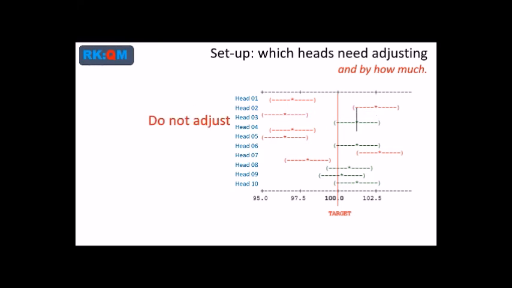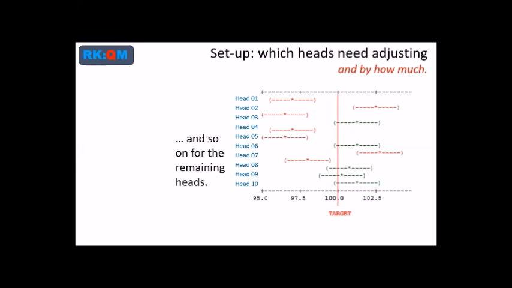Should the target fall within the confidence intervals, then we do not adjust at all, and so on. In this example, by using this procedure, defects were reduced from 15,000 parts per million defective, which were being produced, down to just 1,500 parts per million.